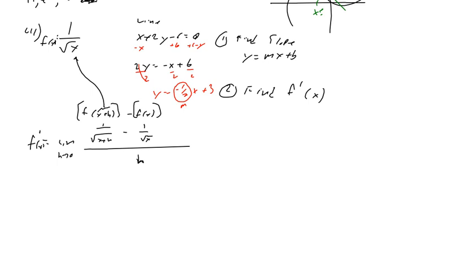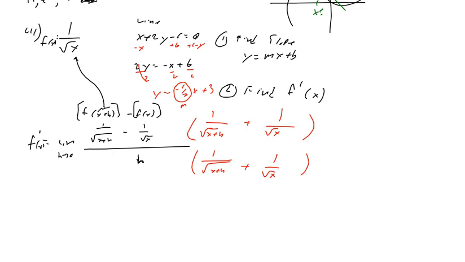Conjugates first, maybe. Maybe if I do conjugates first, we can try that. This would be 1 over radical x plus h plus 1 over radical x on the bottom. Radical x plus h plus 1 over radical x.